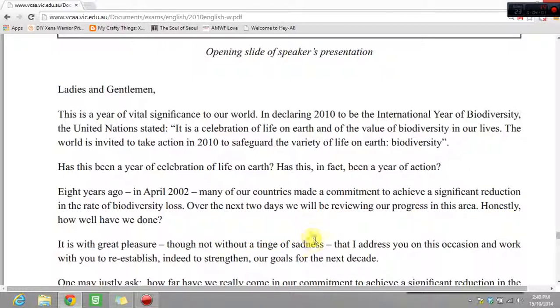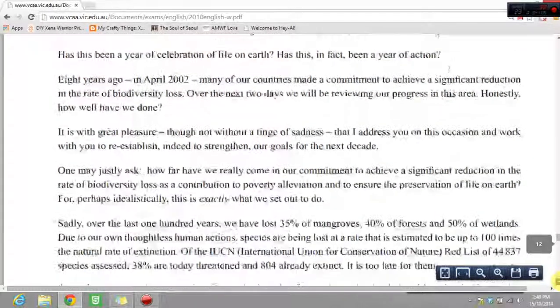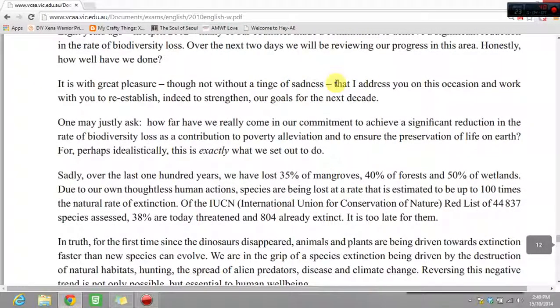There's a few things down here like, with a tinge of sadness. So he starts to shift the tone into something where we're meant to share that emotive appeal of that sense of loss and sadness and regret to position us to embrace the speaker's mood, because that's how we're meant to respond to the statistics that follow on. 35% of mangroves, 40% of forests.